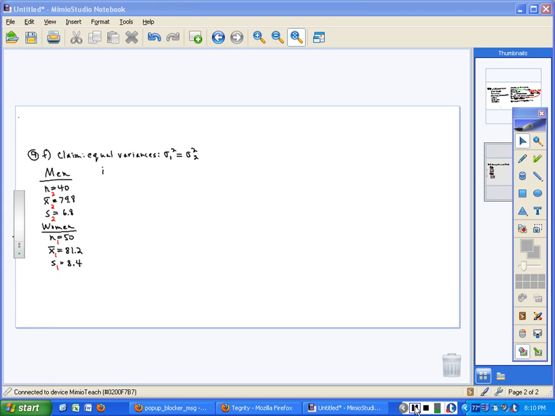So again, H0 is sigma 1 squared is equal to sigma 2 squared, and H1 is that sigma 1 squared is not equal to sigma 2 squared. The claim, again, is in H0. And so the magic word is reject. We're just going to say the same thing twice.